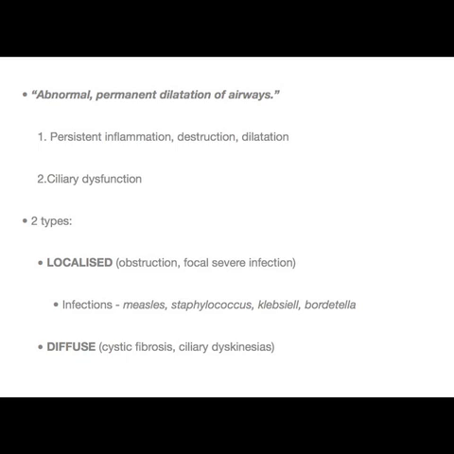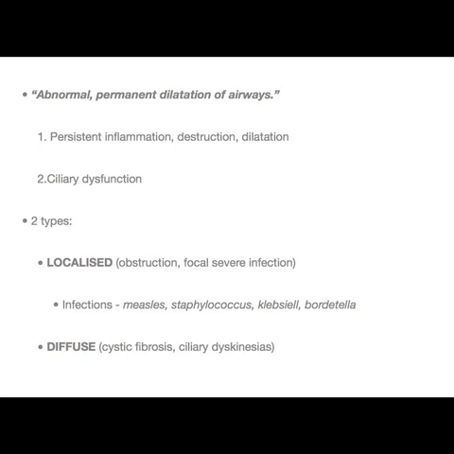Bronchiectasis may be localized or diffuse. Localized bronchiectasis is most commonly seen as a complication of either obstruction to an area of the lung, say a tumor, or as a sequel to a focus of severe pulmonary infection, particularly one arising during childhood. Diffuse bronchiectasis, on the other hand, is almost always a result of an inherited disorder predisposing the lung to repeated infections.